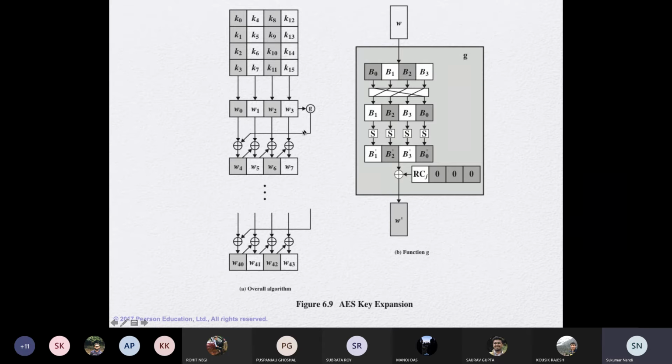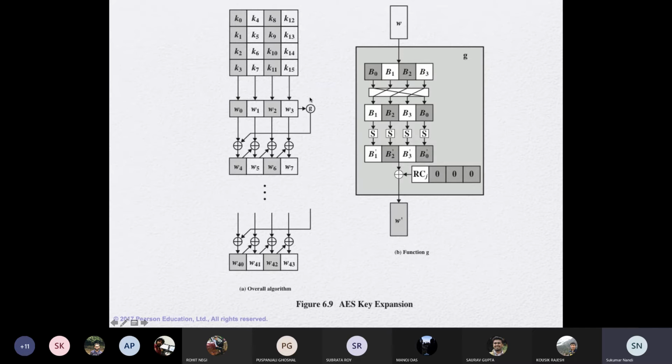Once G is computed, G will XOR with W0 and we get W4, and W4 XOR with W1 gives W5, and so on. This process will continue to generate as many round keys as needed. If it is 128 bit, the first 4 words, W0, W1, W2, W3, are used as they are, no change.